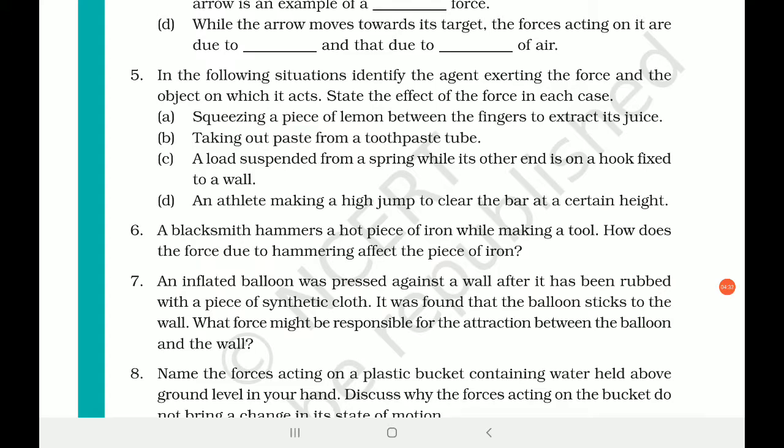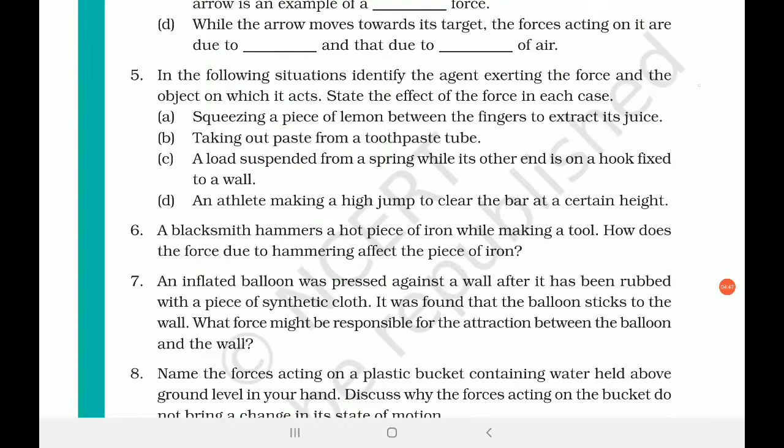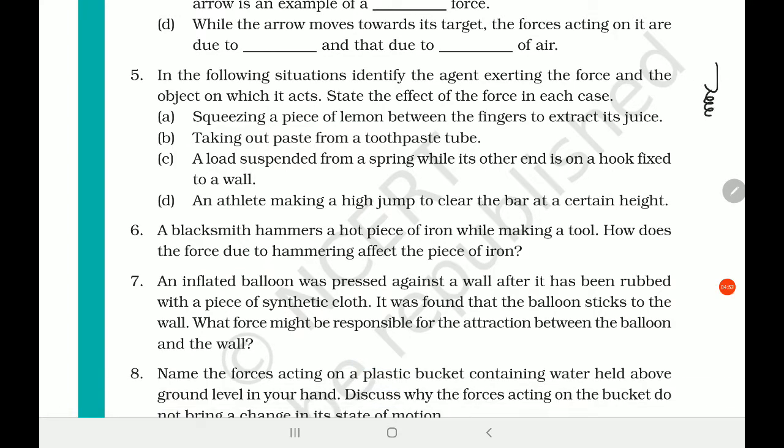The load suspended from a spring while its other end is on a hook fixed on the wall. The load is suspended from a spring like this. I'll just show you. This is the hook, here is the load, here is the spring, and there are some boxes connected to it.